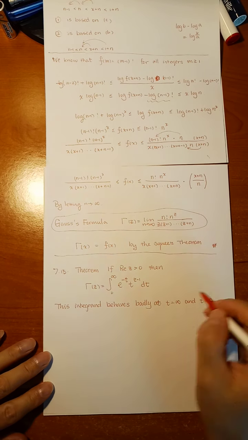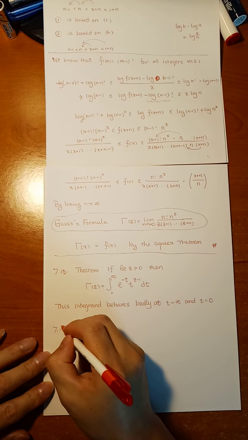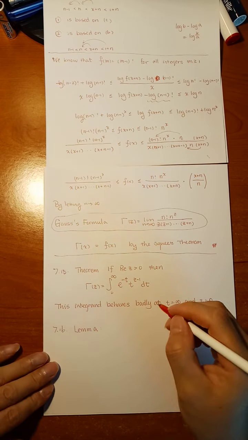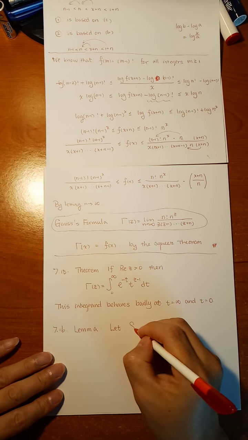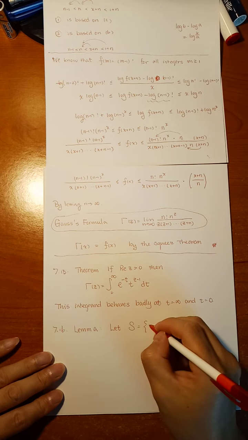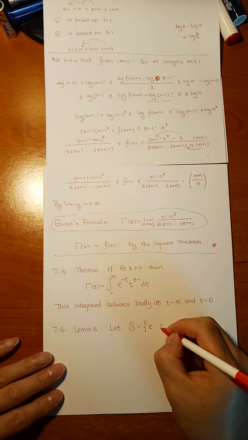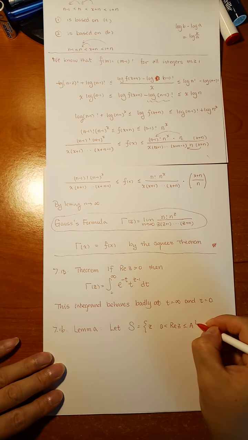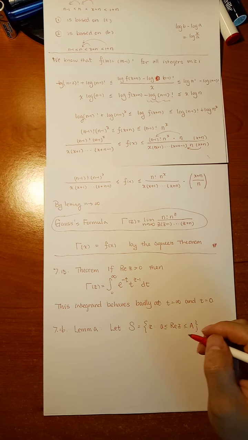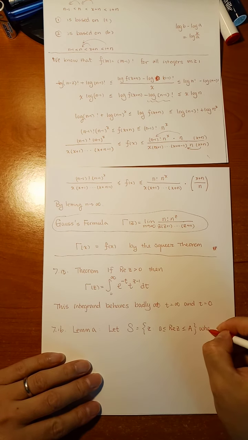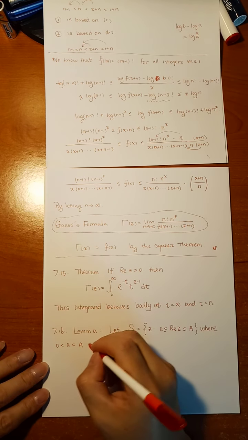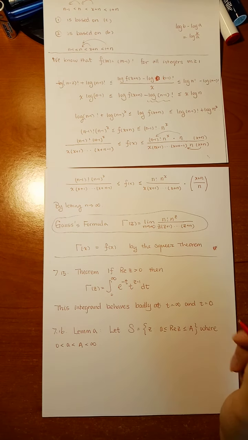Okay, so now let's see the lemma. What lemma do we need? Let S be a set of complex numbers z, where little a is less than or equal to the real part of z, less than or equal to capital A, where a is less than A, less than infinity.